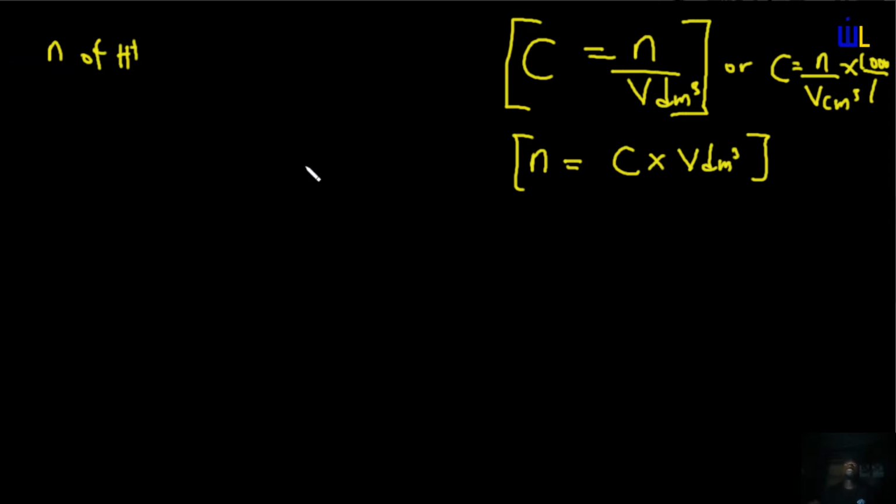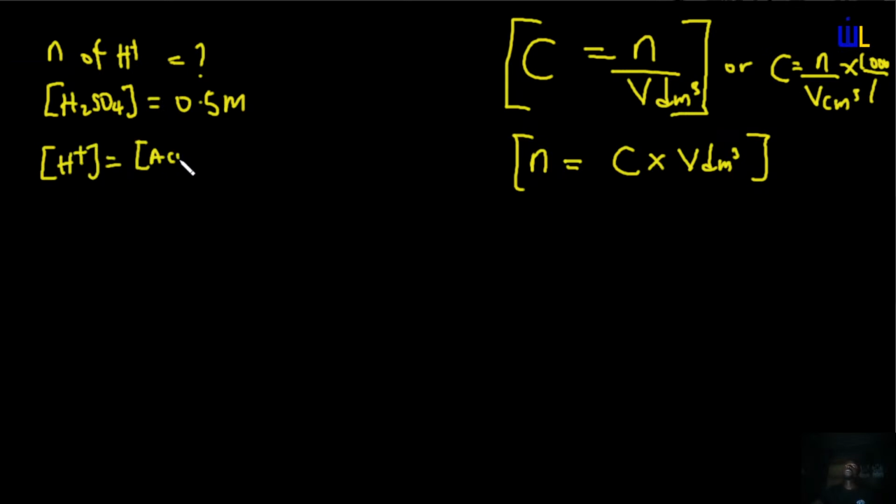Now, as I was saying, the number of moles of hydrogen ion is what we're looking for, and what we are given was the concentration of H2SO4, and the value is 0.5 molarity. What we can use this to find is simply the concentration of hydrogen ion. How? The concentration of hydrogen ion equals the concentration of the acid multiplied by the number of moles of hydrogen ion.